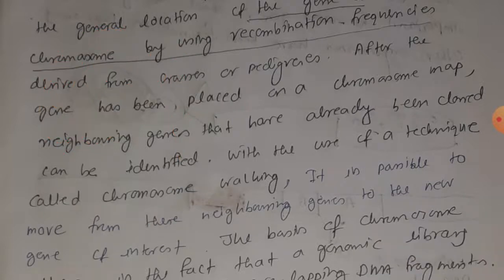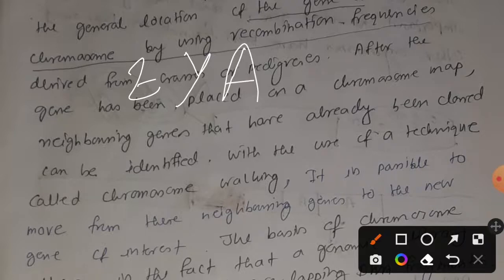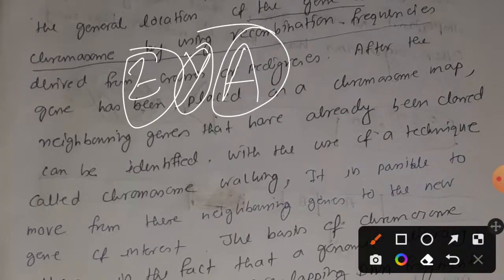Let's consider the example of E. coli. If we map the entire genome of E. coli, we will get something like this. This is the gene for Z, that is lacZ. After that, this is lacY, and this is lacA. But this order depends totally on the recombination frequencies we have obtained.